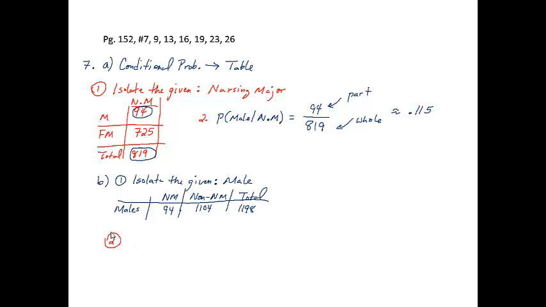It says the probability a selected student is a nursing major given the student's male. So I know the student's a male. That's already happened. How many males were there? 1198. And of those, how many were nursing majors? 94. So now we have 94 divided by 1198, which is approximately 0.078.